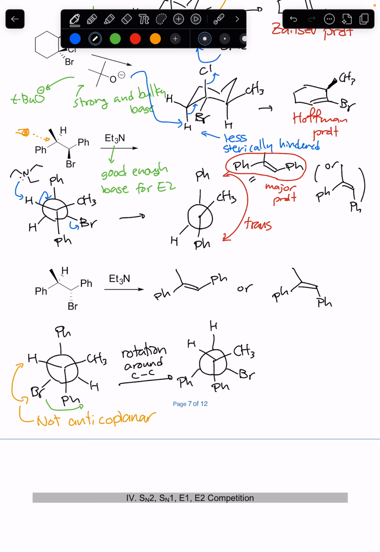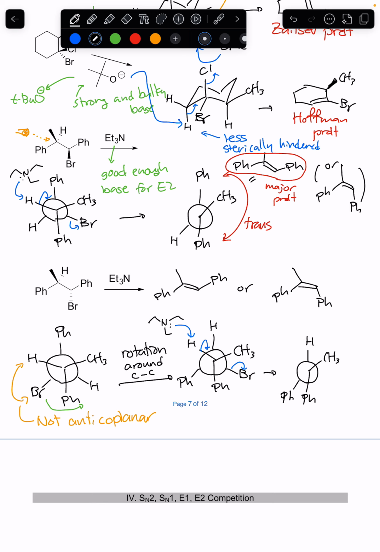And again, build a model if this is very confusing, but at this point now the triethylamine can come in, grab that proton, the leaving group leaves and gives us the alkene or olefin product where here's the phenyl and a hydrogen.